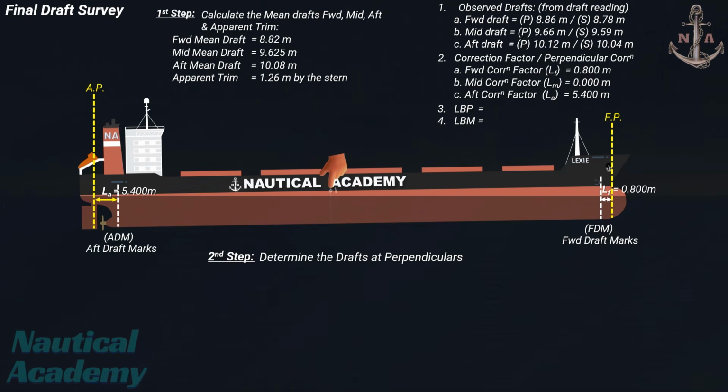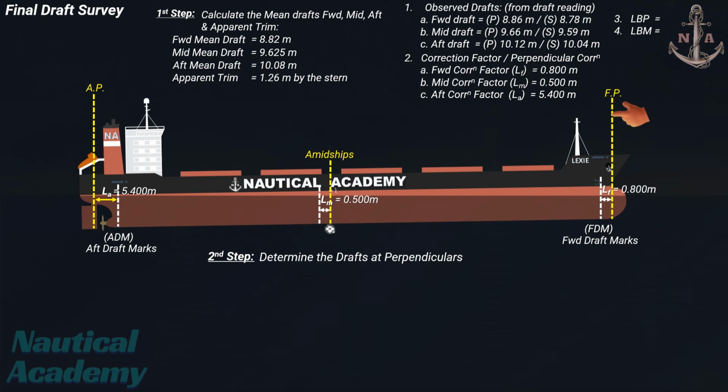However, based on comments from my previous video on the initial draft survey, how to apply corrections if the midships draft mark is not exactly at midships, let's assume in this example that the midships draft mark is 0.50 meters aft of midships. Therefore, the midships correction factor is 0.50 meters.